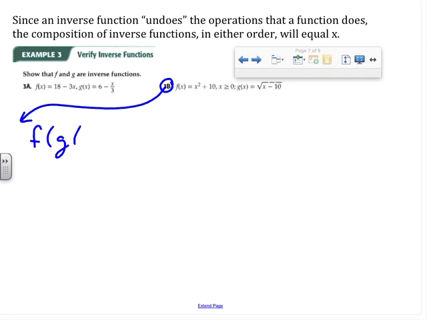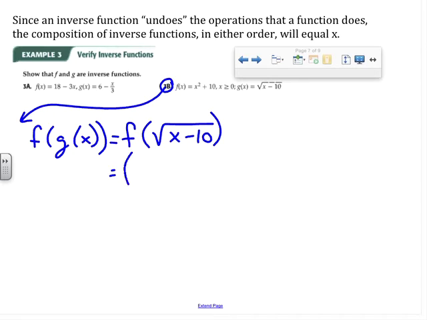I'm going to take f of g of x. So that means I'm taking f of this square root of (x minus 10) and plugging that into my f function. So that will equal the square root of (x minus 10), squared, plus 10.